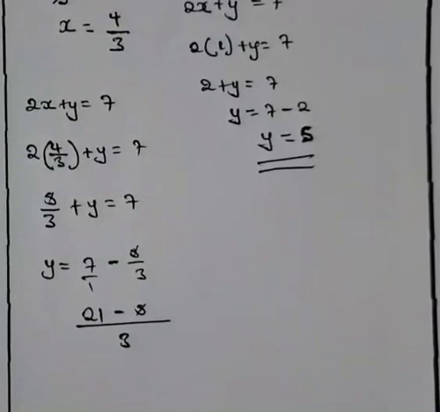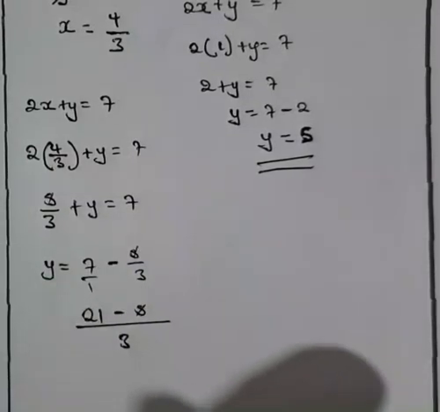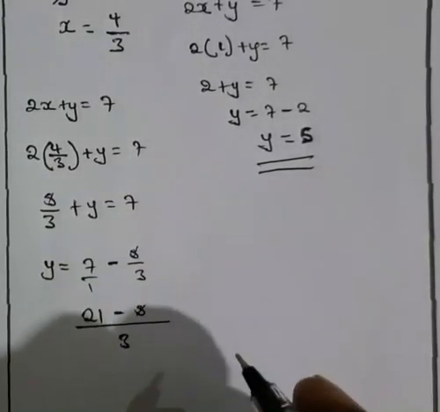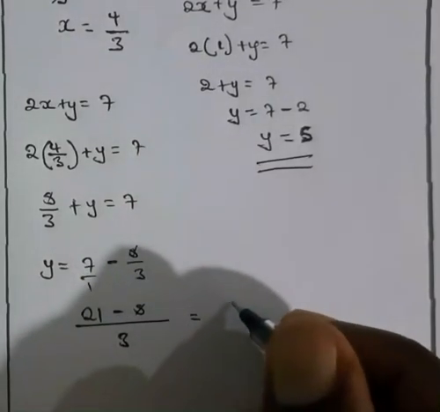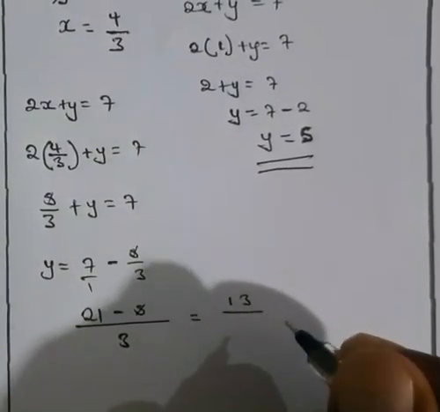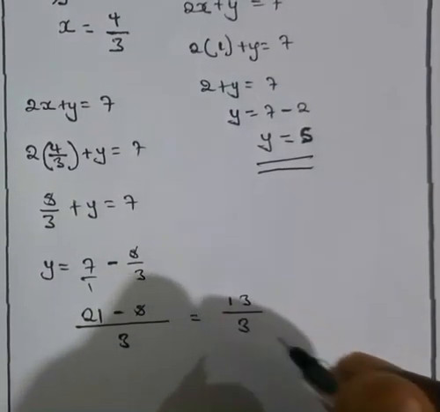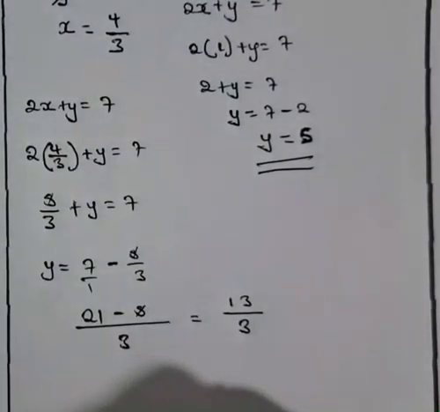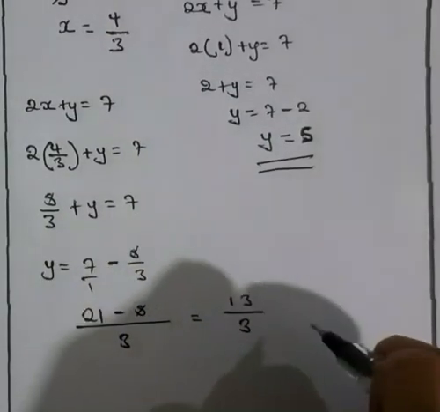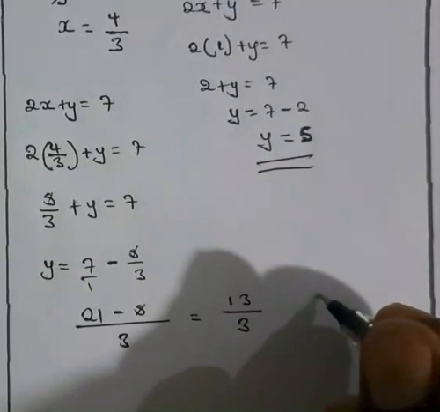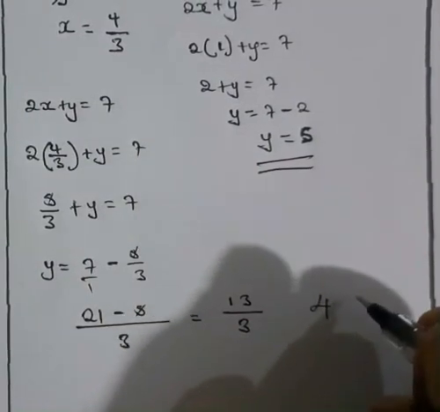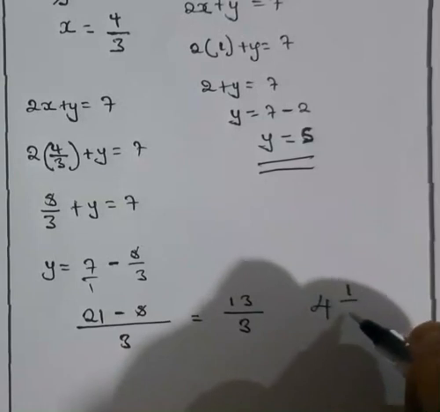That one is final. y is equal to 13 over 3. If you want, you can say it is equal to 4, 1 over 3.